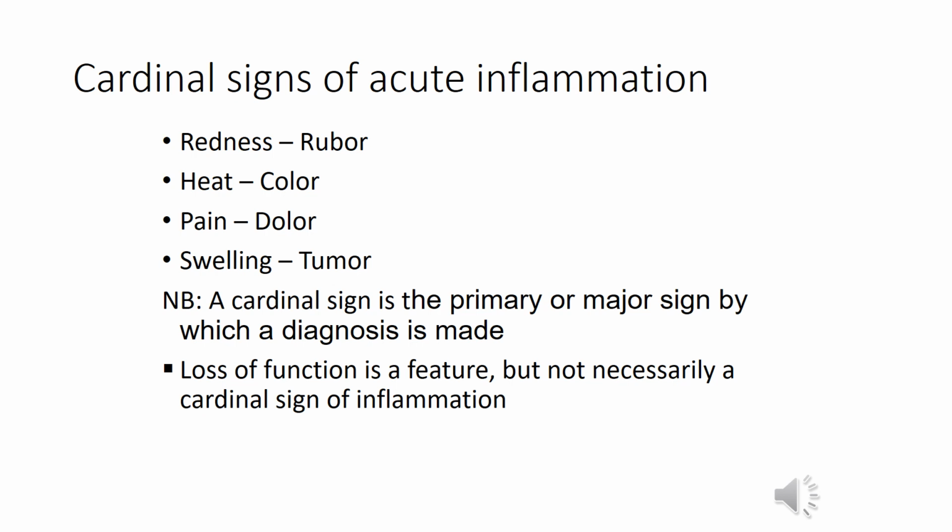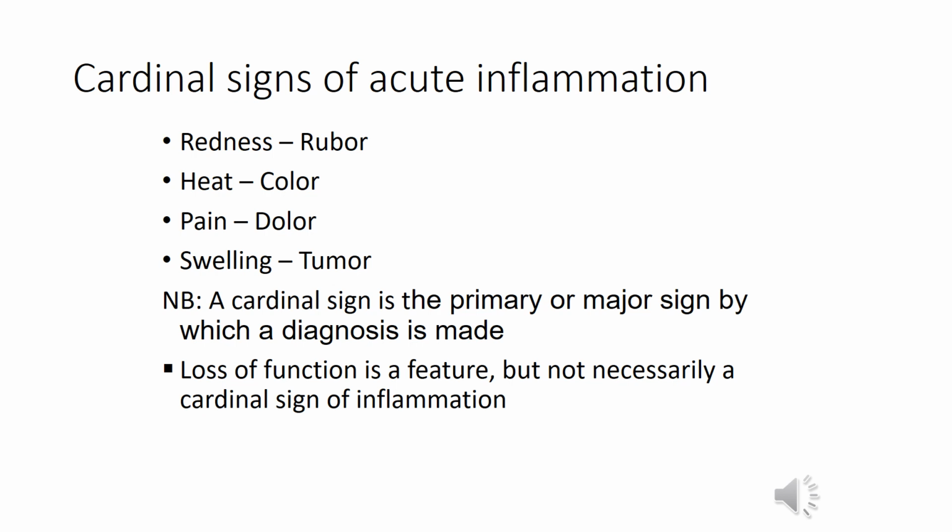Having said that, now let us look at the cardinal signs of inflammation. I want you to remember that a cardinal sign is understood as the primary or major sign by which a diagnosis is made. It means when you see these cardinal signs, you know definitely there is an inflammatory process.